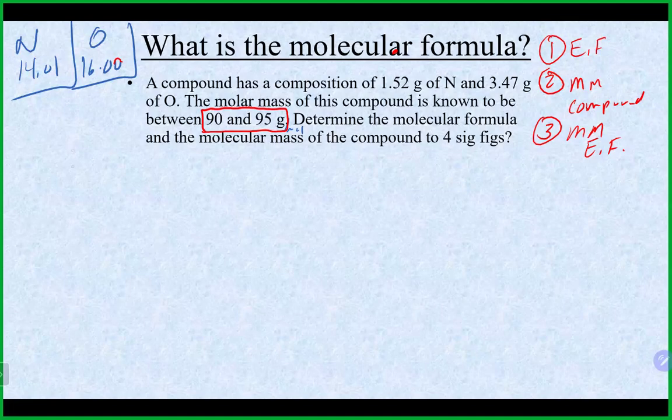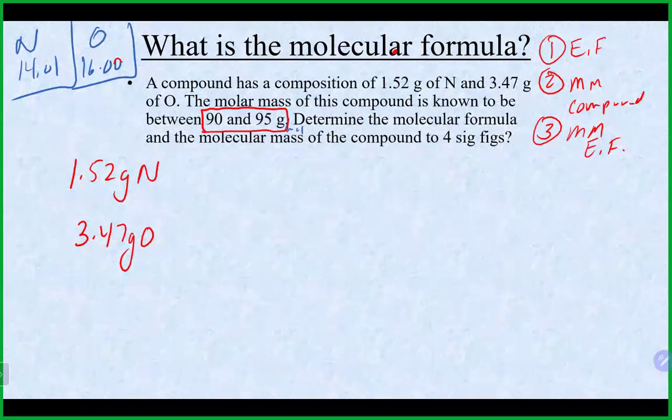We have everybody in grams, so we're going to take our grams of nitrogen, we'll take our grams of oxygen, and because we don't have a total mass of the compound, we could assume that these are the only two elements involved.